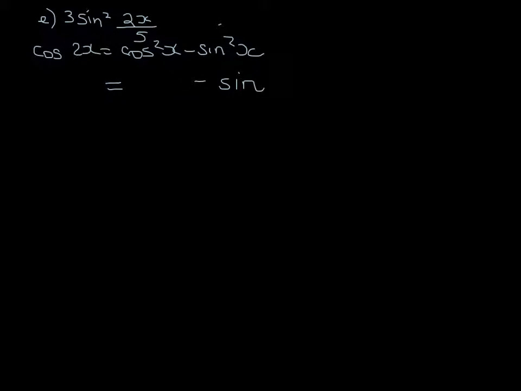Just can't forget that. So what we want is sine squared 2x on 5. Therefore it's cos squared 2x on 5. And we need to double this side. So 2x on 5 times 2 is 4x on 5.